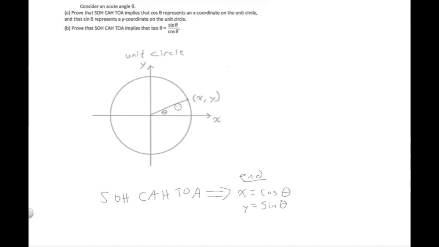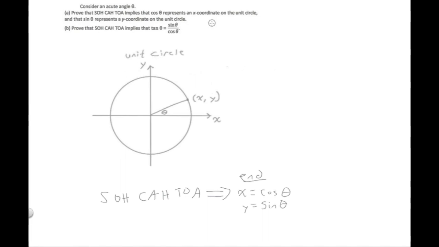That's what the problem means when it says that we're supposed to use these ideas and show that they imply these ideas.